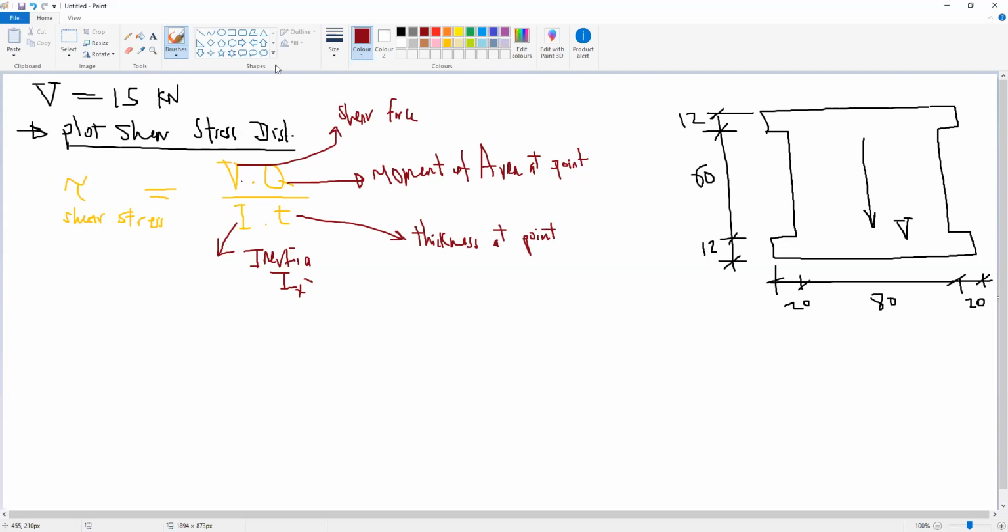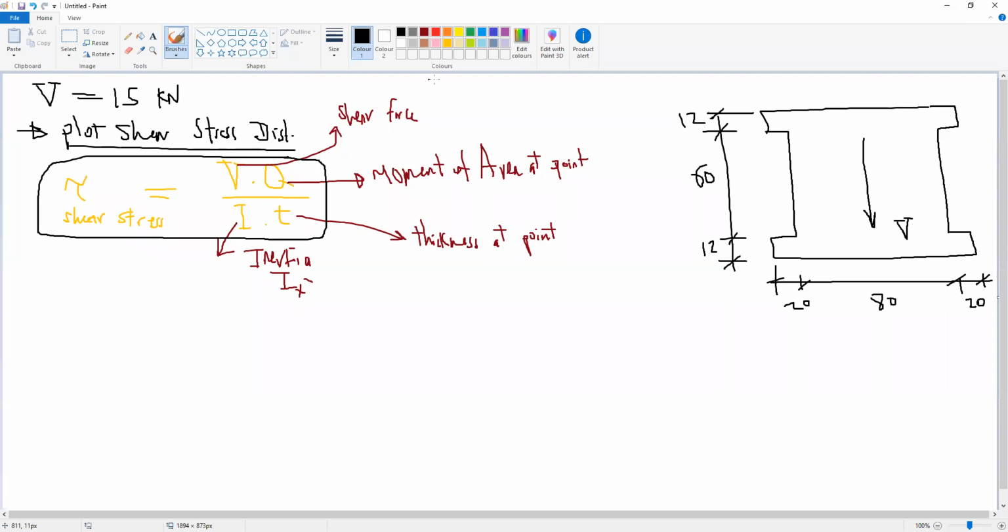Okay, so this is the formula for shear stress at any point: tau equal to V Q divided by I t. And we will now see how to find everything in this equation.